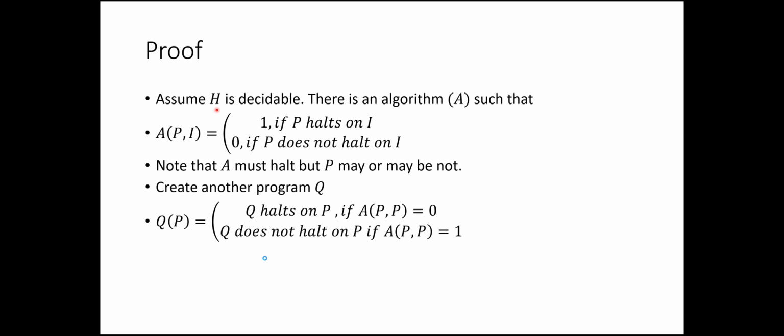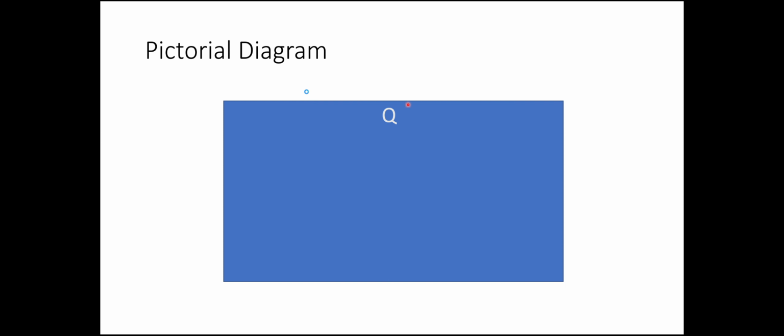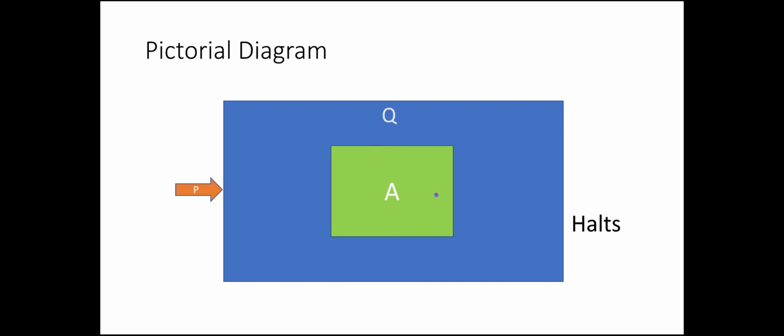We can use a pictorial diagram to show this relation. First we build Q, a program or machine, based on A. Q has input P, and Q's behavior is either halting or looping. It depends on A. A receives two inputs, but Q only has one input P, so Q duplicates the input to A, so A gets two inputs as well.